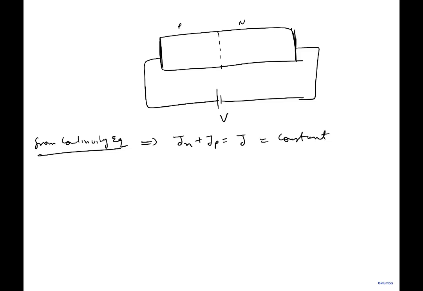So the issue was, where do we determine J? If it's the same everywhere, where do we determine it? At which point do we sum up Jn and Jp to obtain the J here?